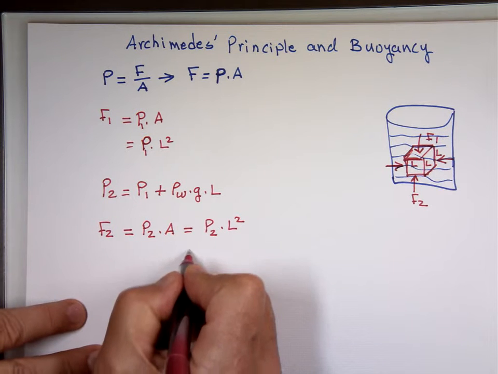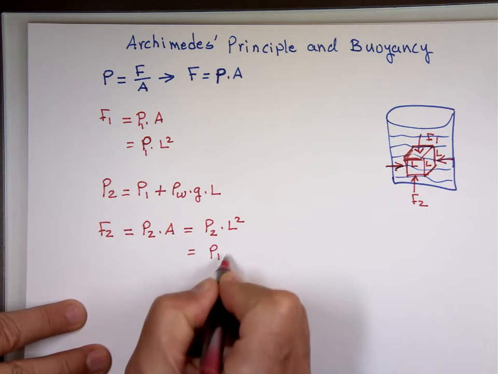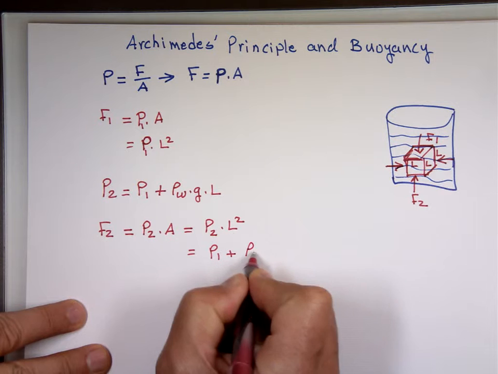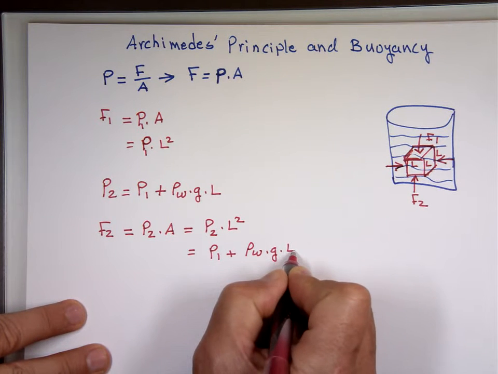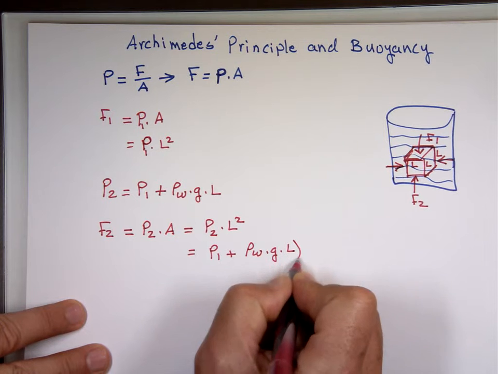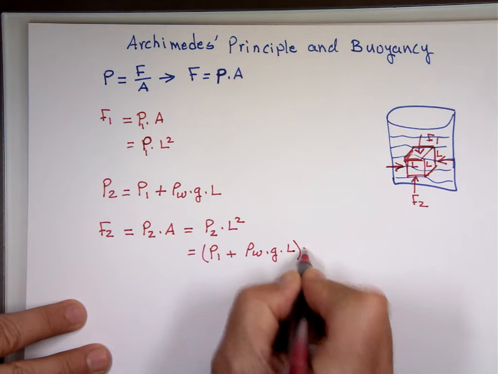And we know pressure 2 equals pressure 1 plus rho times gravity times L, all of that times L squared.